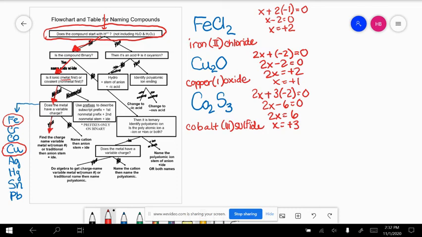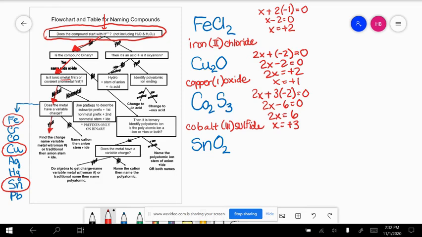We'll do a couple more. We know tin's a metal, so this is an ionic compound that is binary. This is a variable charge binary compound, and the variable metal involved is tin.